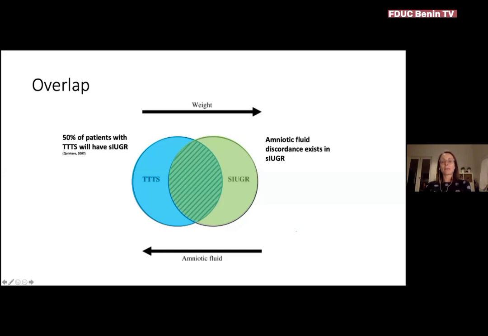But the key points that I would highlight is that for it to be twin-twin transfusion syndrome, there needs to be polyhydramnios in the recipient twin, which is not usually the case if it's purely growth restricted. So that growth restricted twin will have oligohydramnios, but the other twin won't have polyhydramnios.